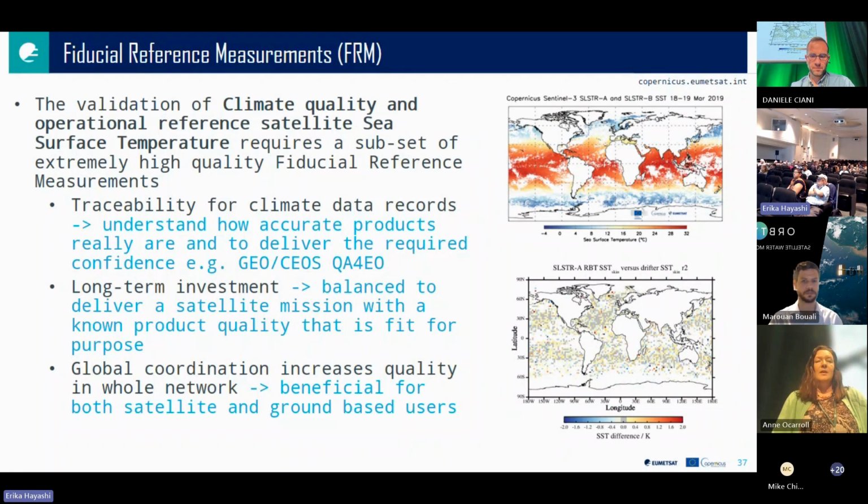It includes a long-term investment. This is balanced to deliver a satellite mission with a known product quality that is fit for purpose. And once we're doing these activities, the global coordination means that we have increased quality in the whole network. This is beneficial for both satellite and ground-based users.